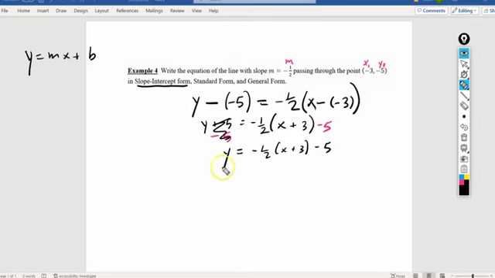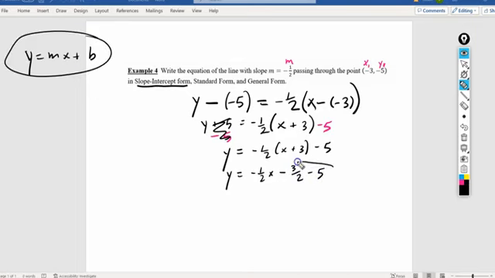I'm going to distribute the -1/2 through. And -1/2 times +3 is -3/2. And then the next thing to get it into this form is I need to combine those into a single fraction. And again, I could have written 5 as 10/2, and -3/2 minus 10/2 is -13/2.